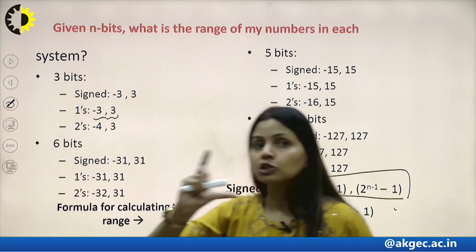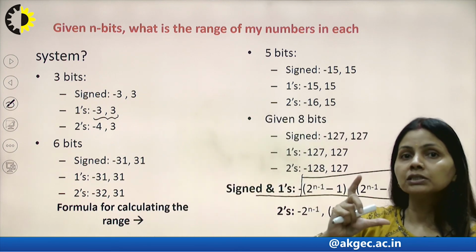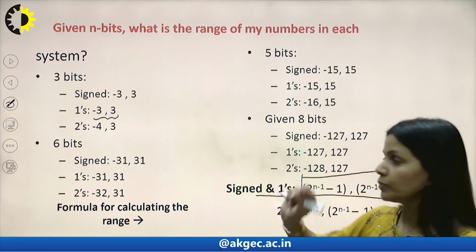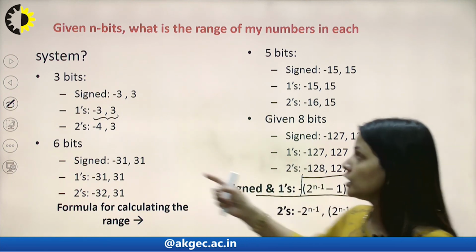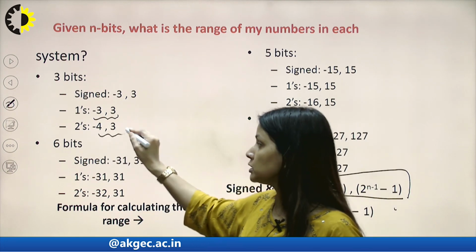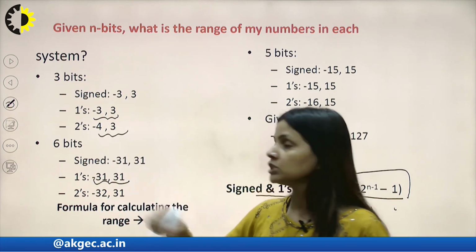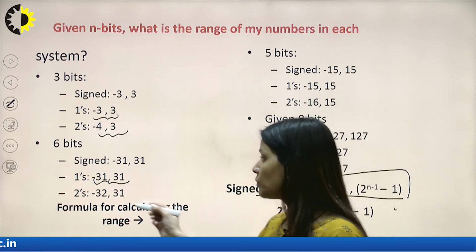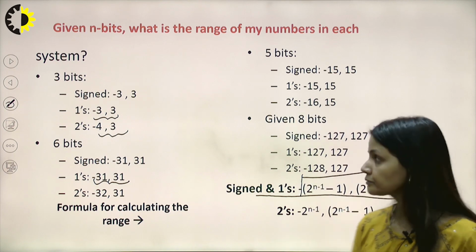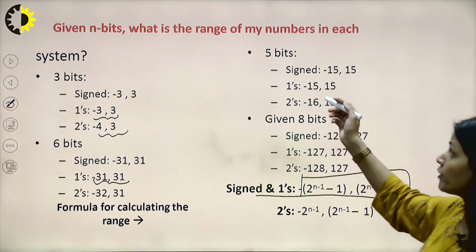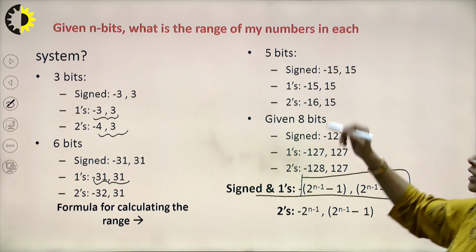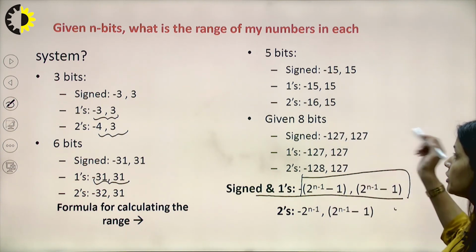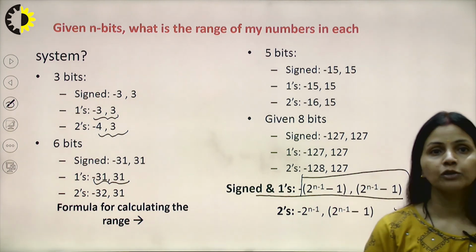In 2's complement form, it is from -4 to 3. Similarly, the range for 6 bits in 1's complement is -31 to 31, and in 2's complement -32 to 31. For 5 bits it is -15 to 15 and -16 to 15, and for 8 bits it is -127 to 127 and -128 to 127.